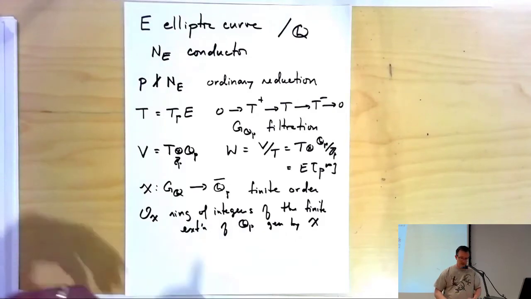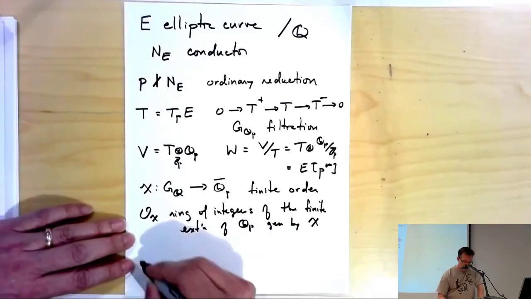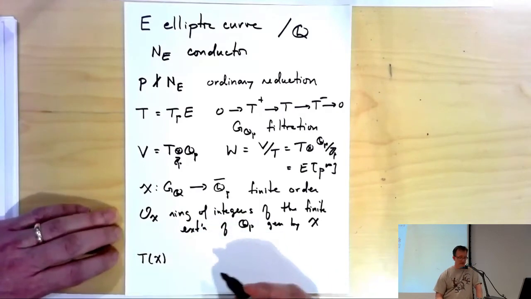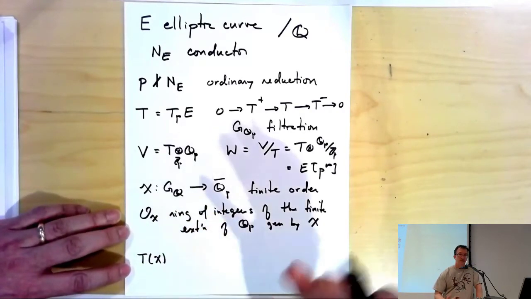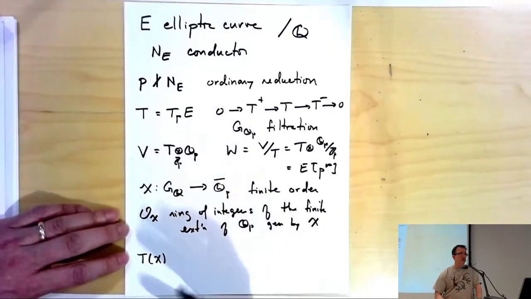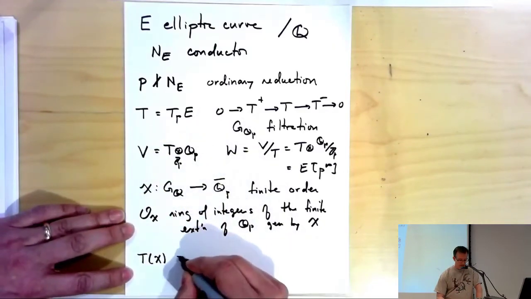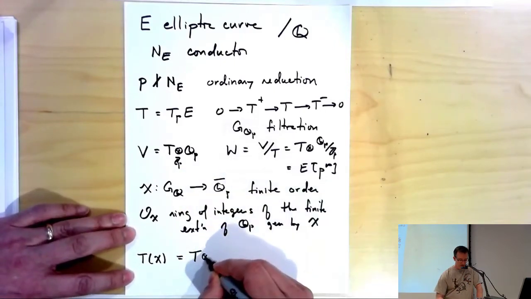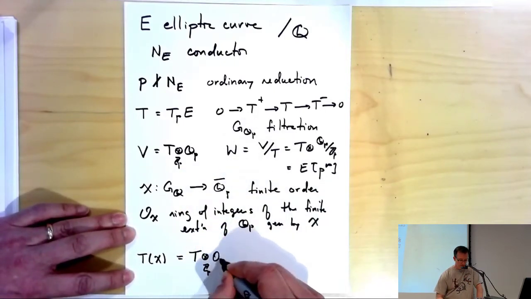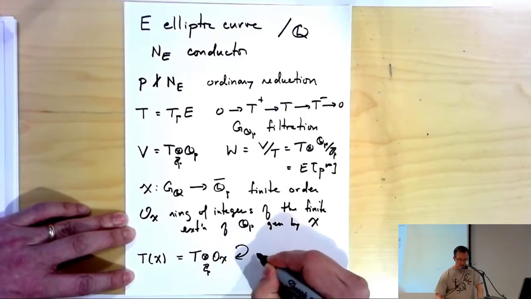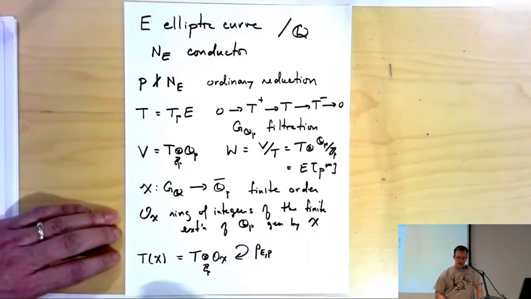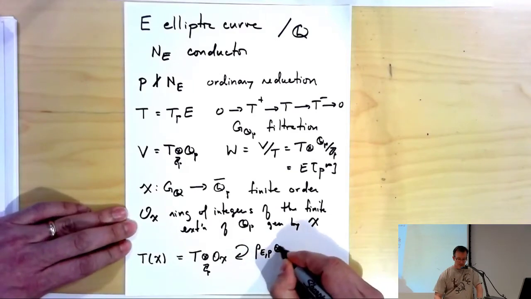And so then we'll have some notation like T of chi, the twist of T by chi. If chi is not valued in ZP, then I have to extend scalars to make chi act on something. So this is T tensored over ZP with O chi, and now the Galois action is through the action rho of E,P on the Tate module, and then twisted by chi.